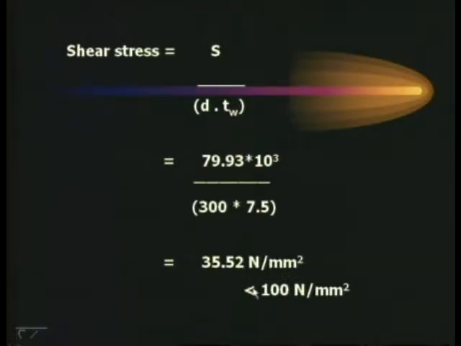And now, what is the permissible shear stress? It is 0.4 Fy. Fy is again 250. This comes to 100 newtons per mm square. This is fairly less. So, with respect to the shear, the section we have chosen is safe. What is the next that we are going to do?